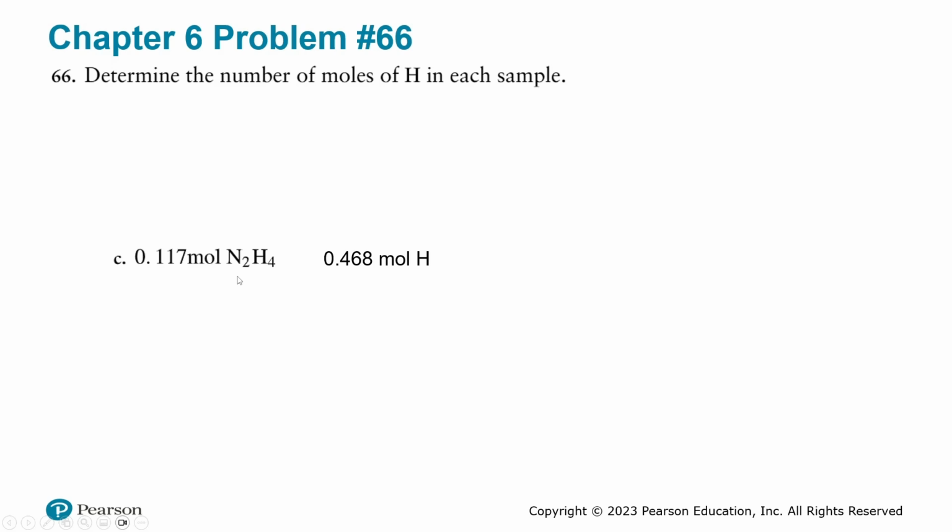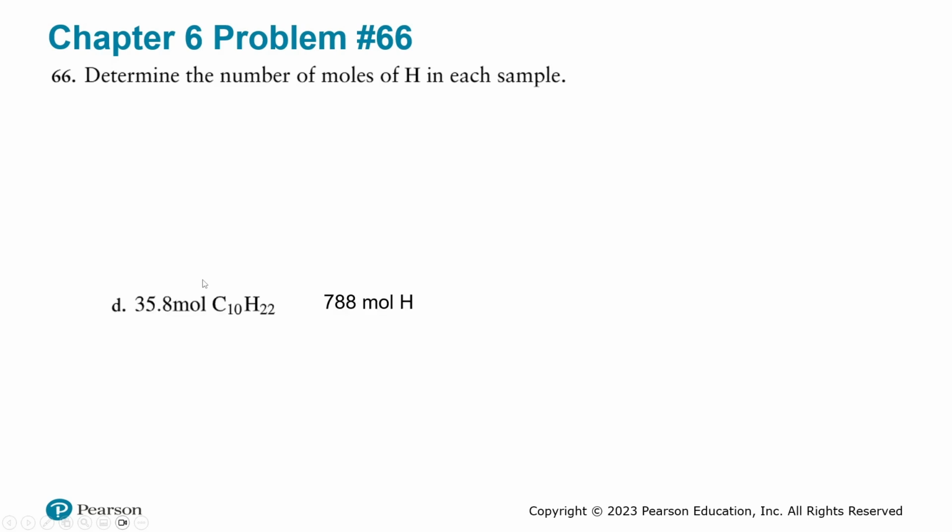We could do the same thing with hydrazine. Again, organic molecules, you don't need to know how to name them. This is called hydrazine. There are 4 hydrogens for every 1 molecule of hydrazine. So we will multiply however many moles we have, 0.117 by 4, and we'll get 0.468 moles of hydrogen atoms in this many moles of hydrazine molecules.